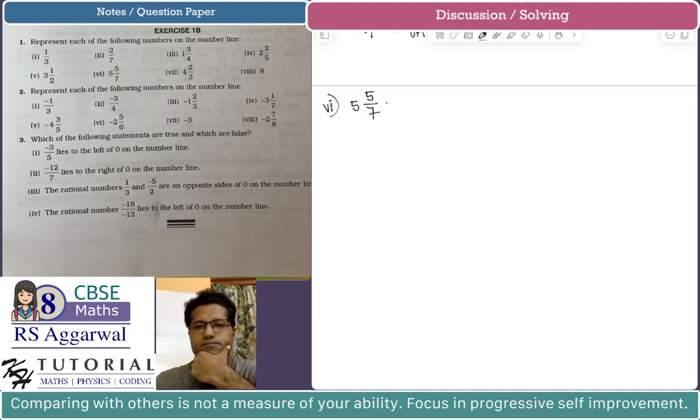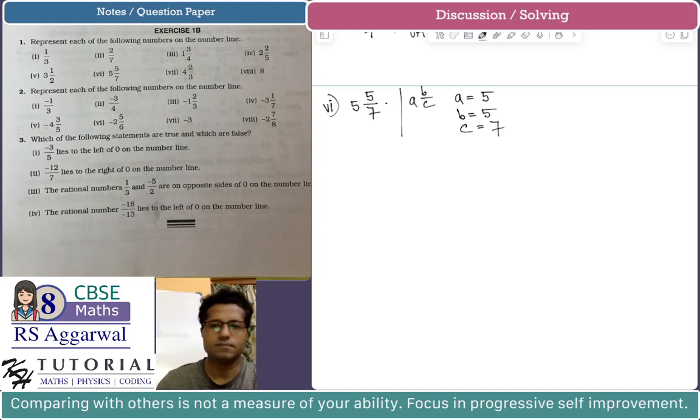So now, as per the discussion, if you consider this in the form A and B by C, we have A, which is the whole part of the number 5 and 5/7. A is 5, B is 5 and C is 7.